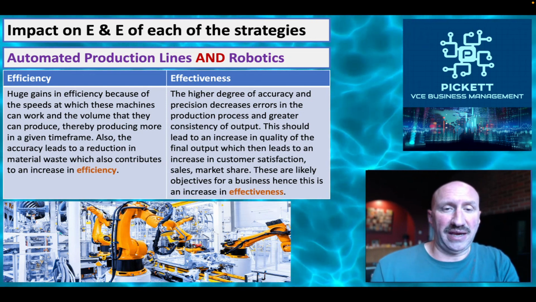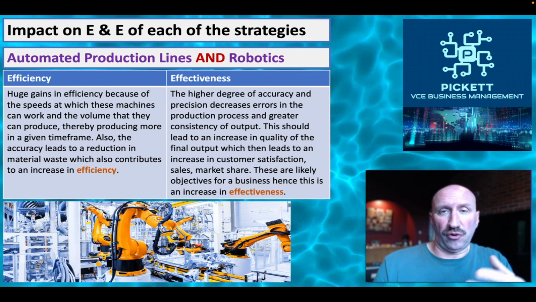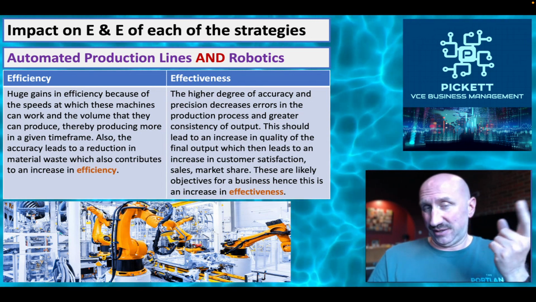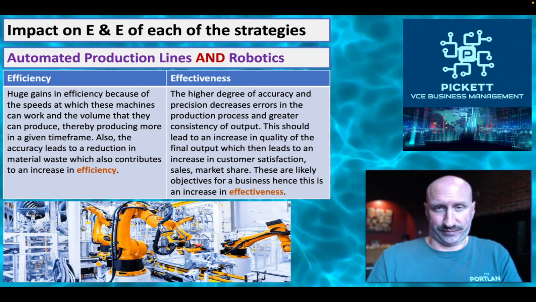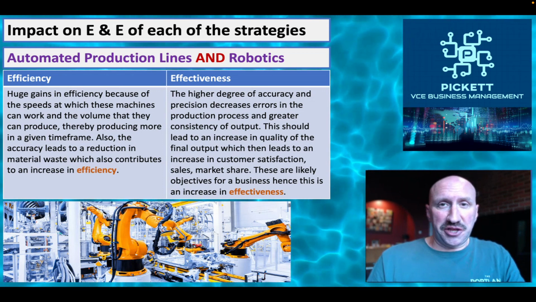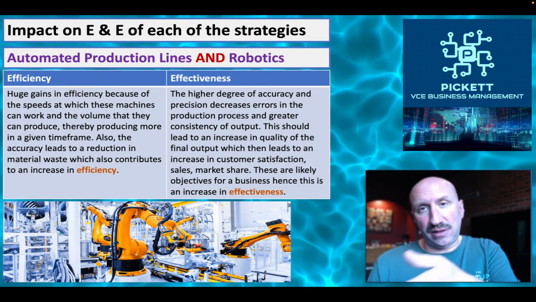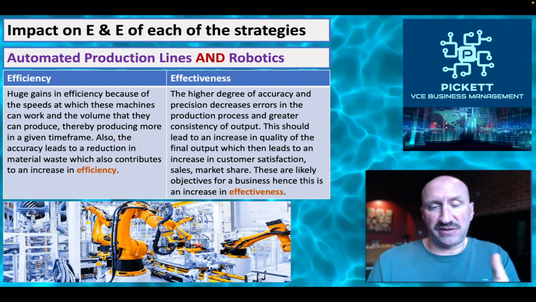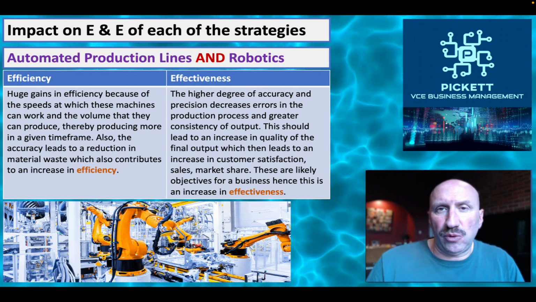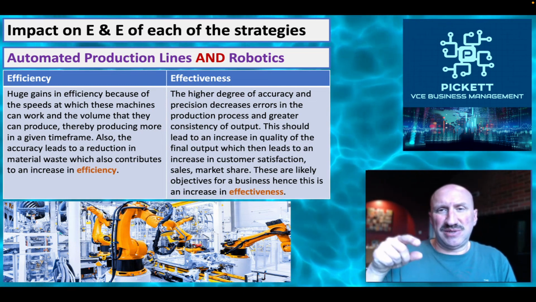But the key here, because the question asks what is the impact on either efficiency, effectiveness, or both, is that it's really important in your flow of explaining that you end up at efficiency, or in the right hand case, effectiveness. If you are asked the impact of something on efficiency, you need to relate it back specifically to efficiency.